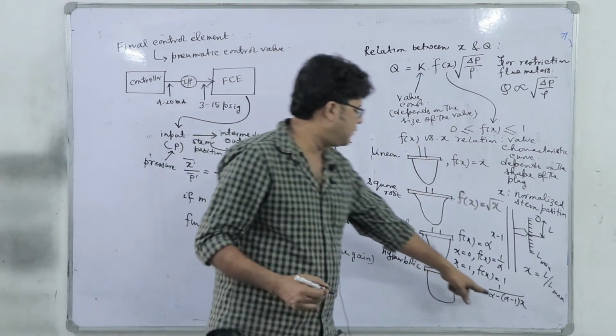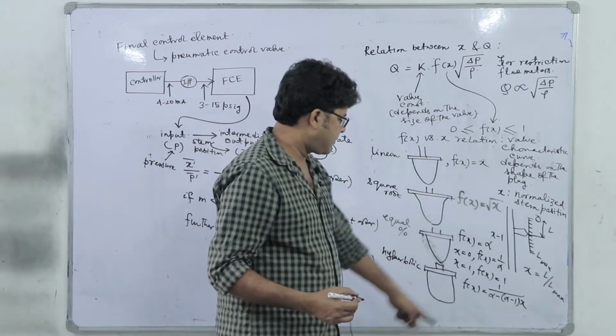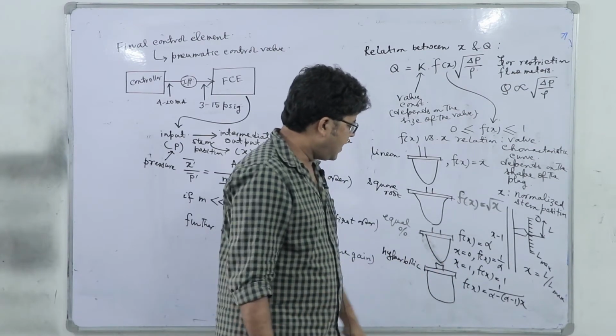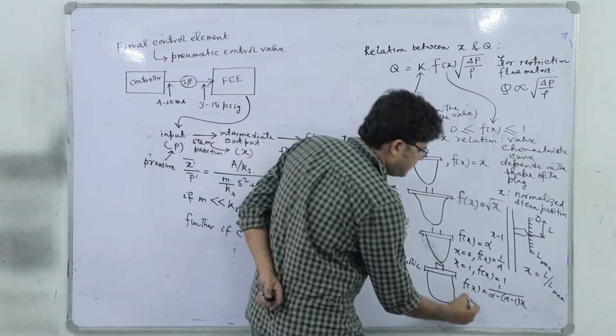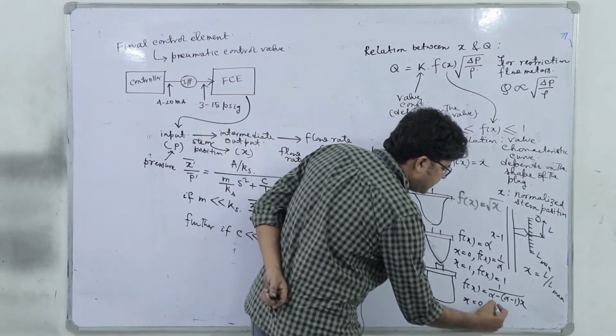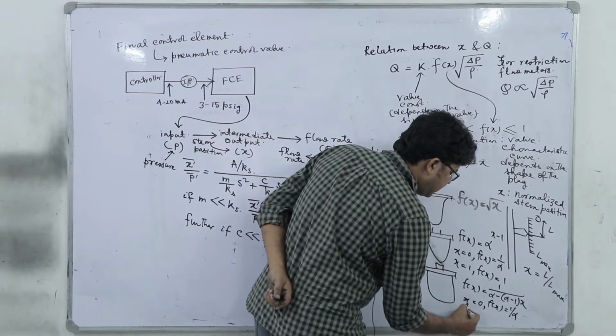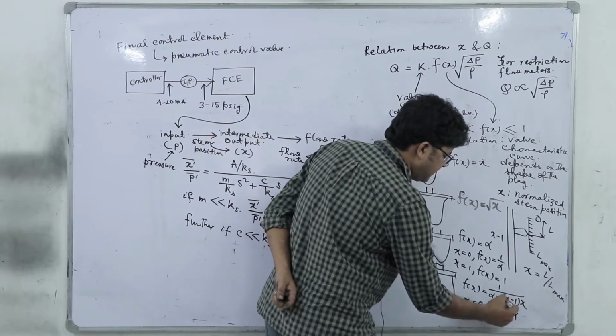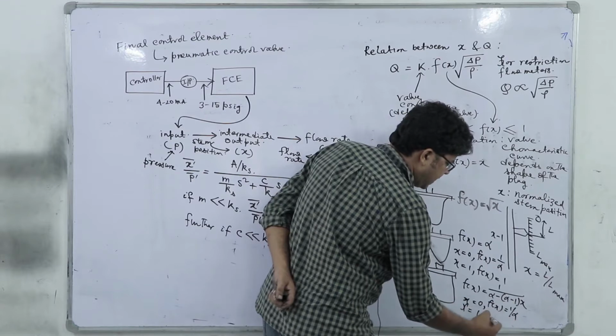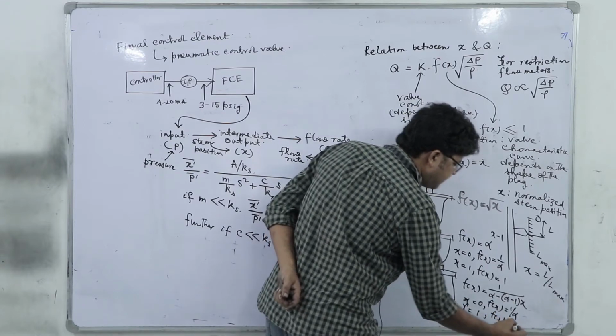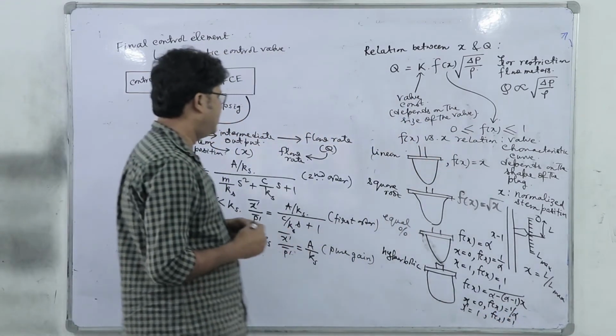Now here also, whenever x is equal to 0, f(x) is 1 by alpha, and when x is equal to 1, then f(x) is 1.